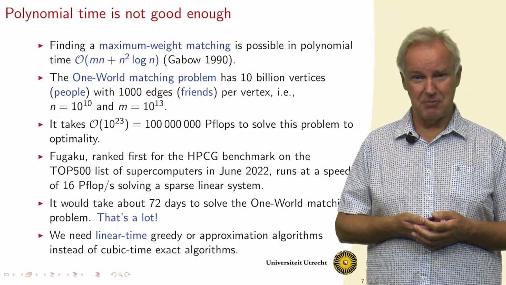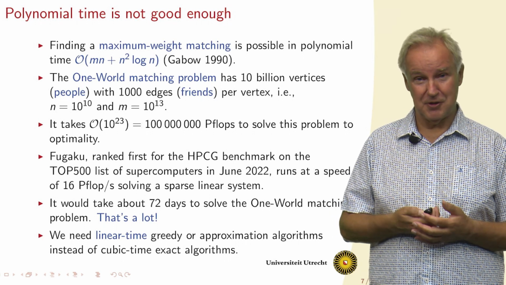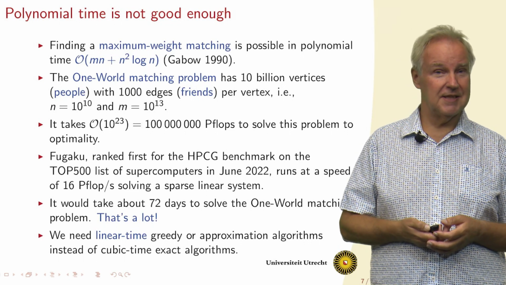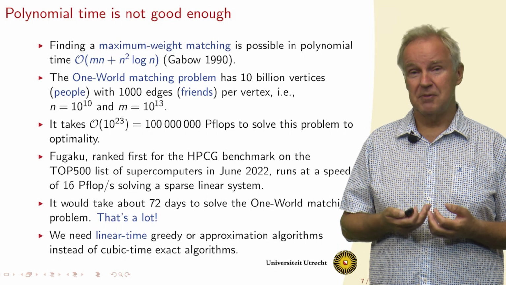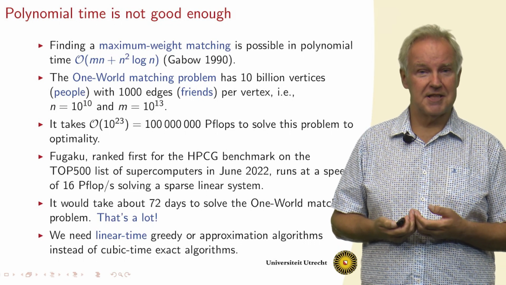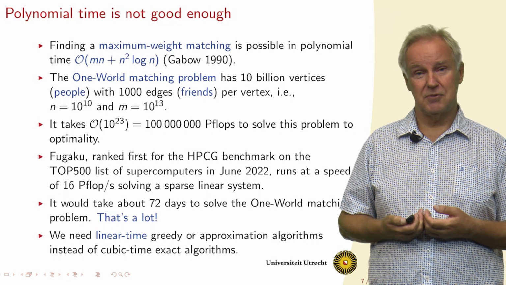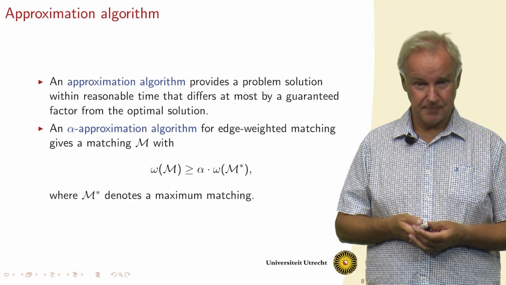That's a lot. You probably don't want to spend more than 2 months on a top supercomputer to solve this problem. So what we need is something that is not cubic, like this algorithm, but even less. Linear time would be best. And then you need greedy algorithms or approximation algorithms.